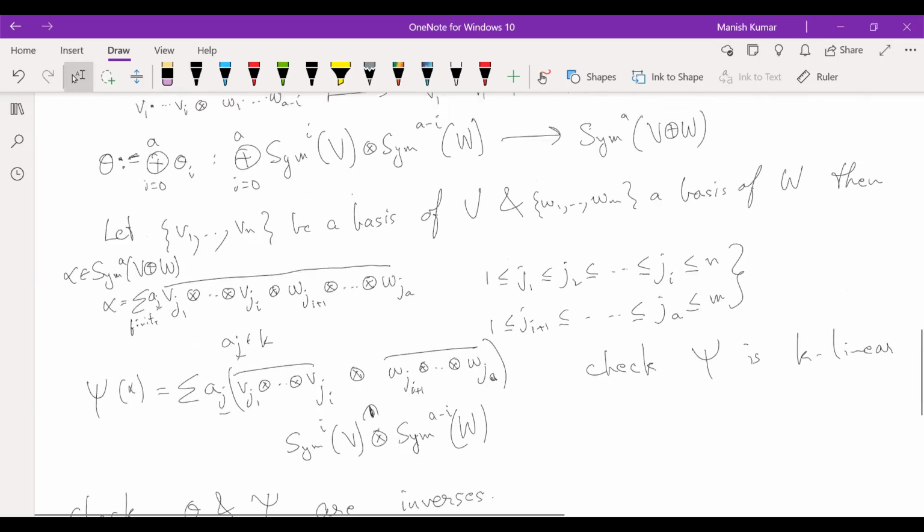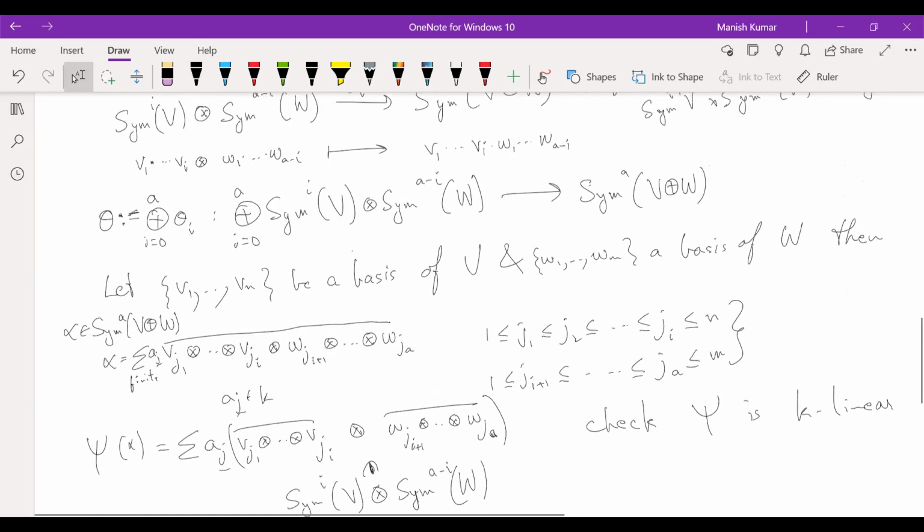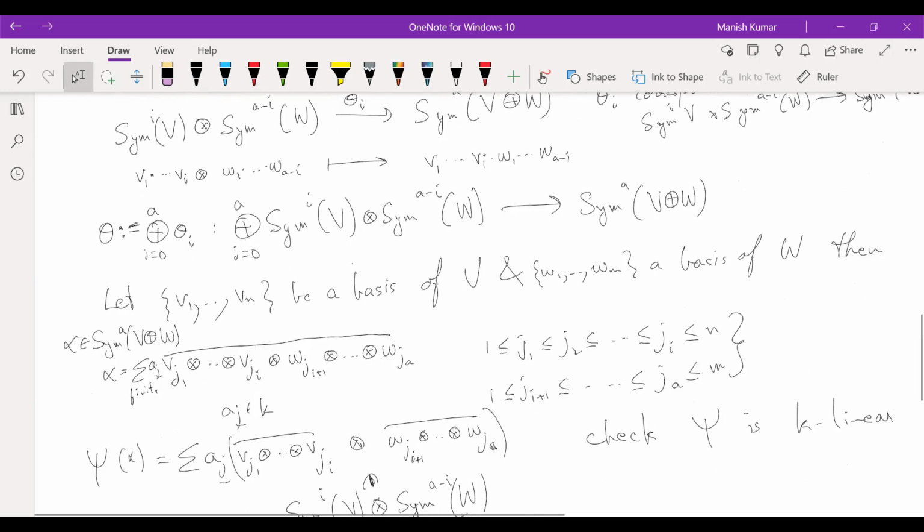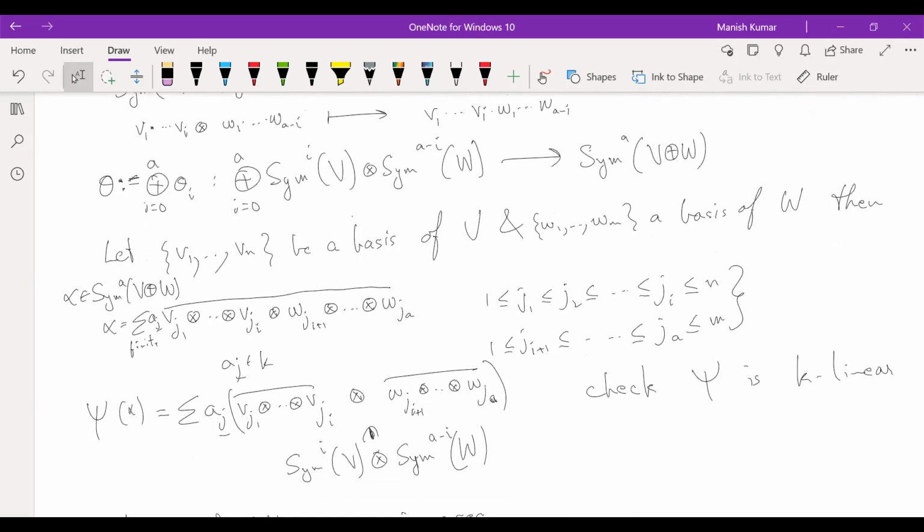I hope this is clear, that theta and C are inverses to each other. Is that okay? Yes. This part about its well-definedness, we need to check.